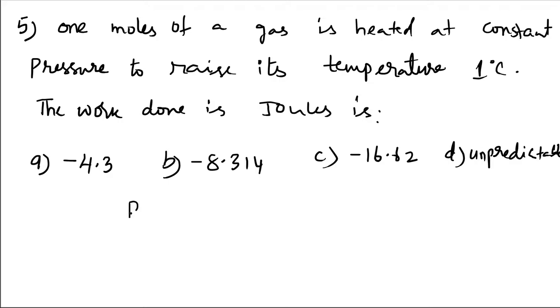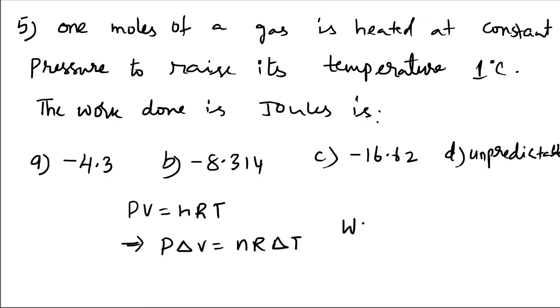So for gas, PV equals nRT. At constant pressure, the change in volume results in a change in temperature. Therefore we get P delta V is equal to nR delta T. Work is equal to negative P external delta V, and P delta V is nR delta T. So let's substitute.